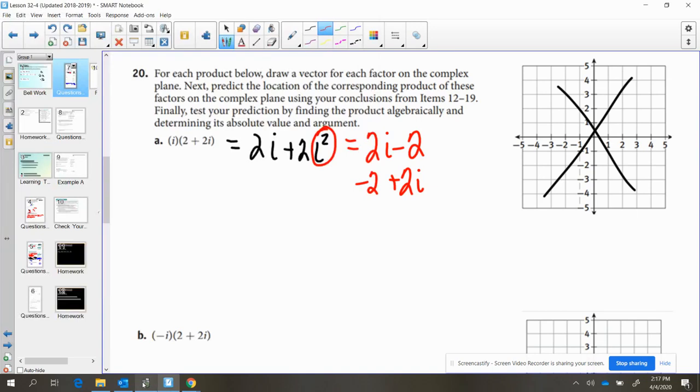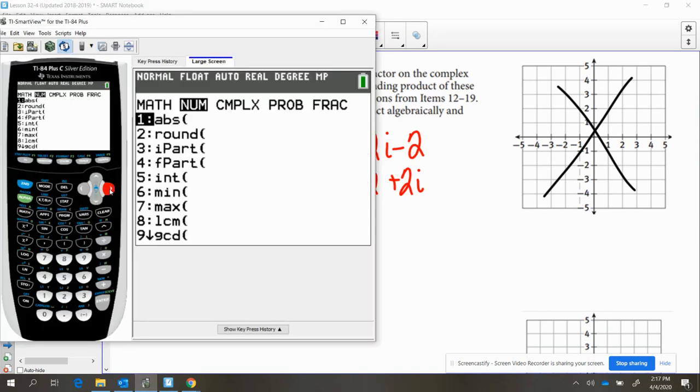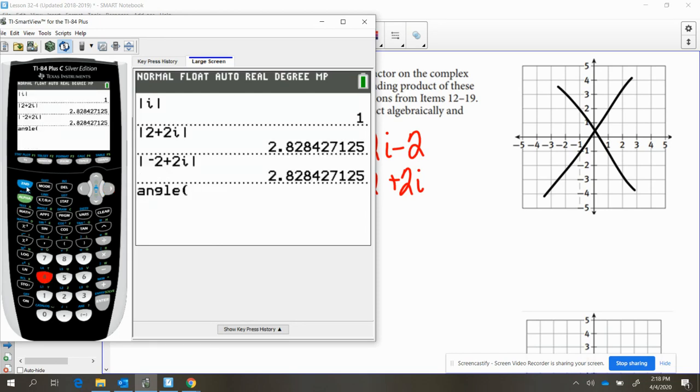Now, the arguments, on the other hand, of these three values: if we go back under the math menu and scroll over, and select the angle, we're going to look for the angle of these three. So i was 90 degrees. And then again, I'm just going to pull this up quickly by hitting second enter to recall 2 plus 2i.